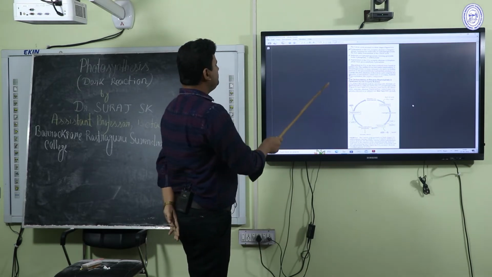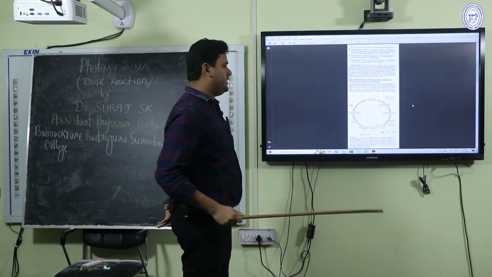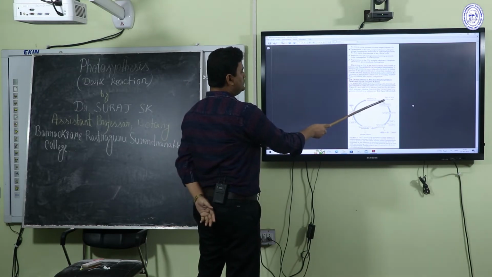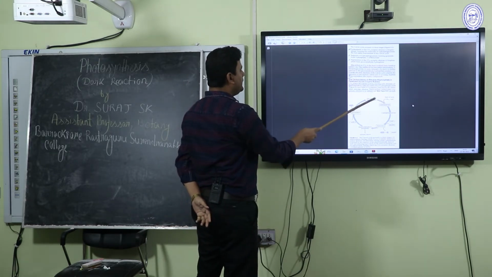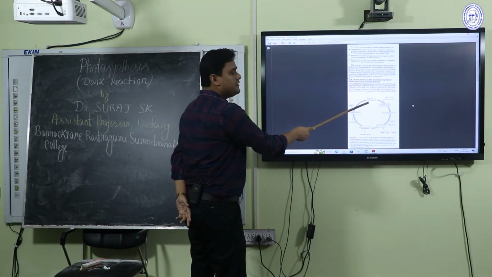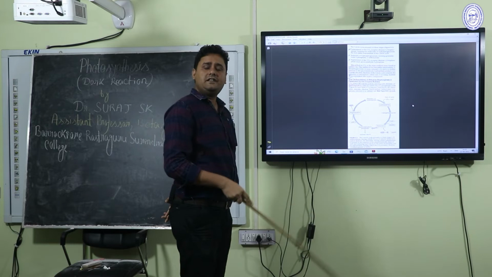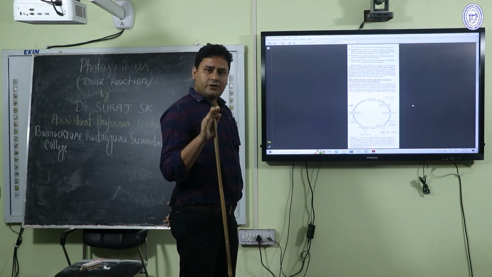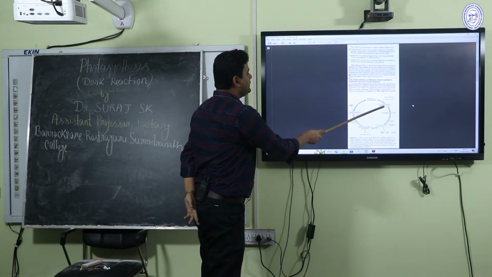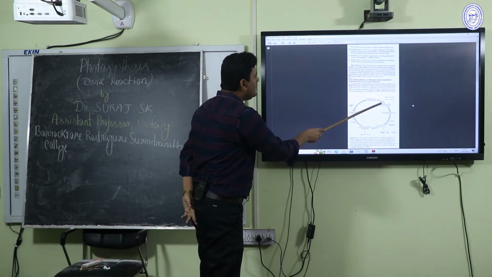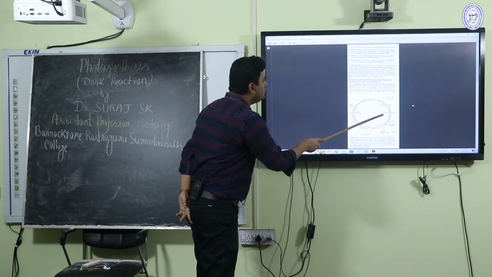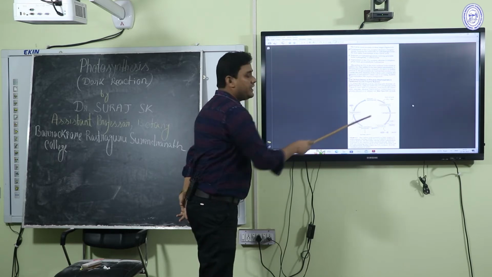Now, what happens actually? CO2 will react with ribulose 1,5-bisphosphate. Which one is the CO2 acceptor here? In carboxylation, it will convert into 3-phosphoglycerate.